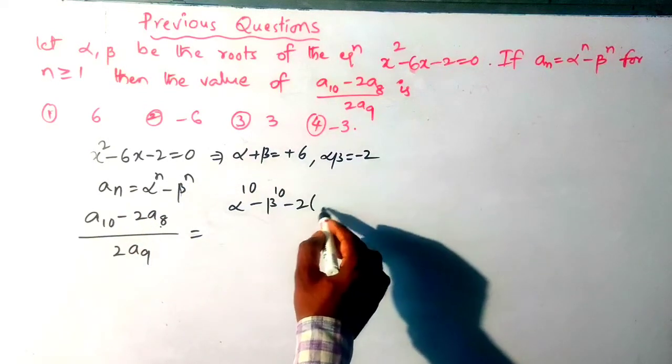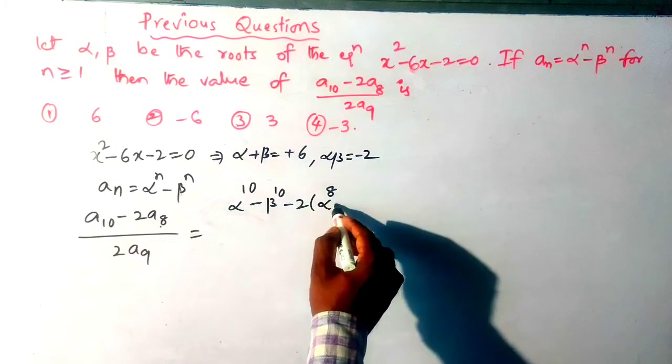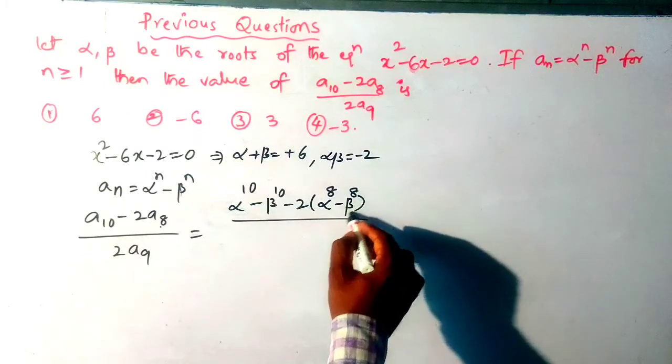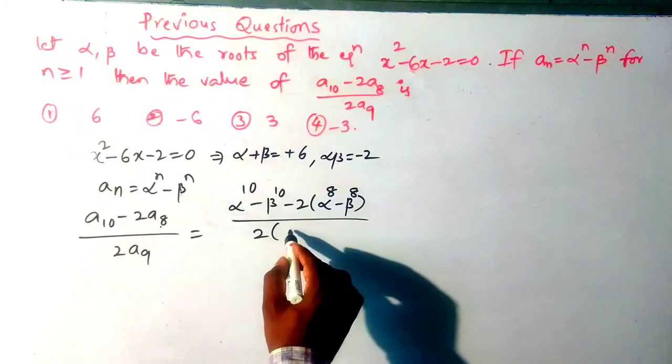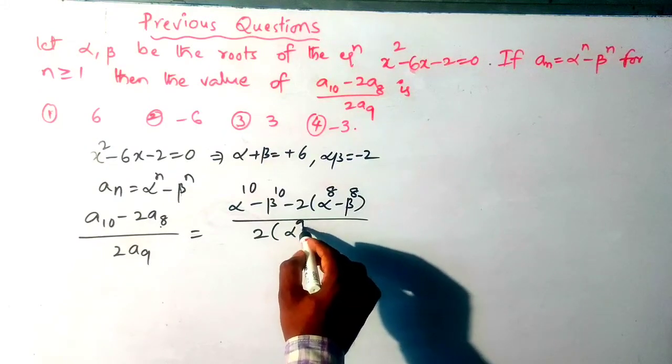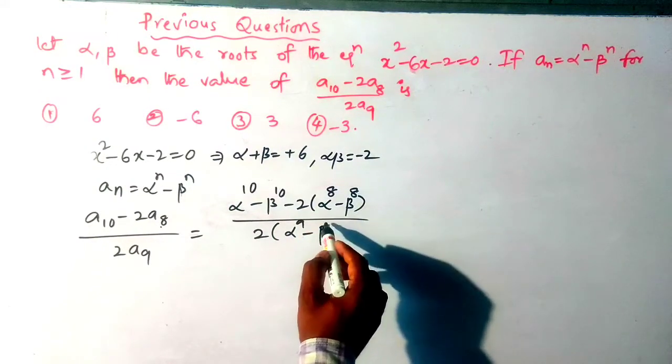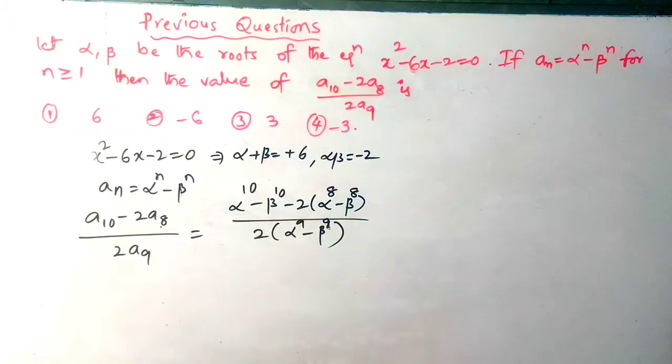How to write a8? Alpha power 8 minus beta power 8, divided by 2 into a9. a9 is nothing but alpha power 9 minus beta power 9.